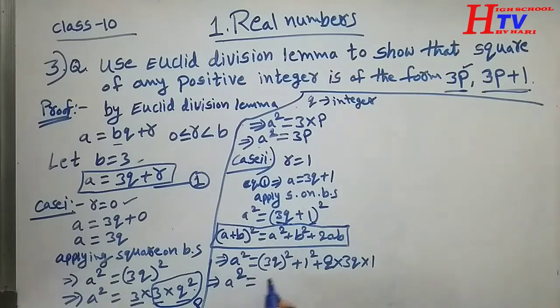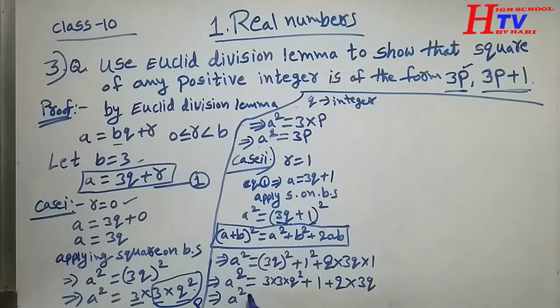A square equals 3 into q square plus 1 plus 2 into 3q, that is, 2 into 3q only.